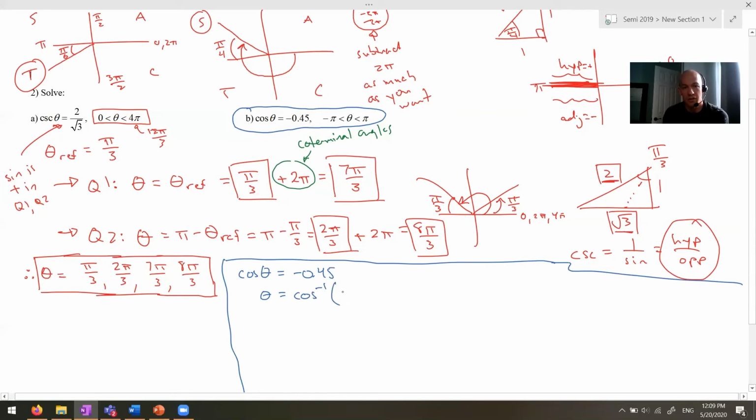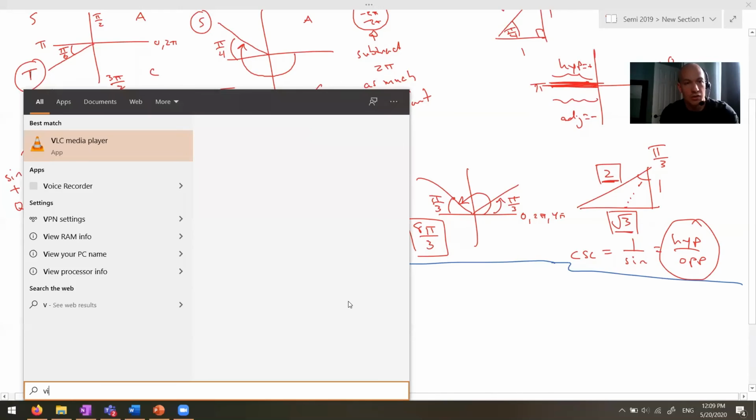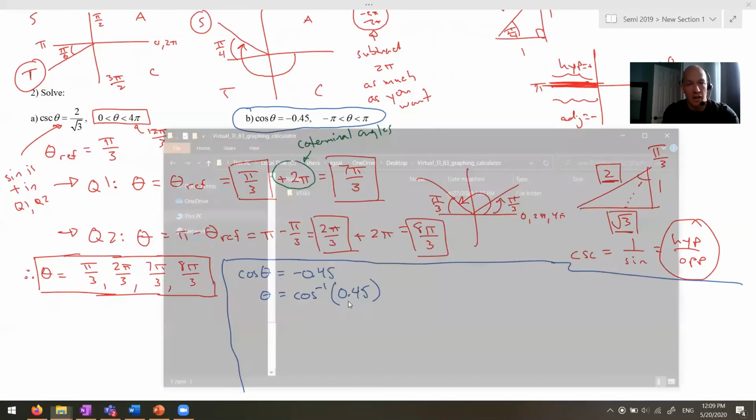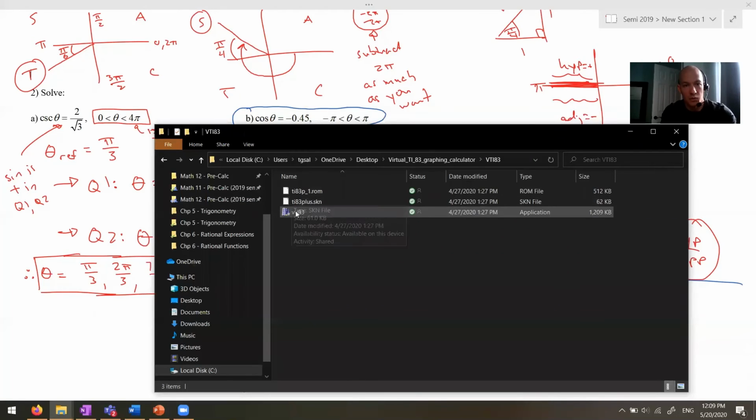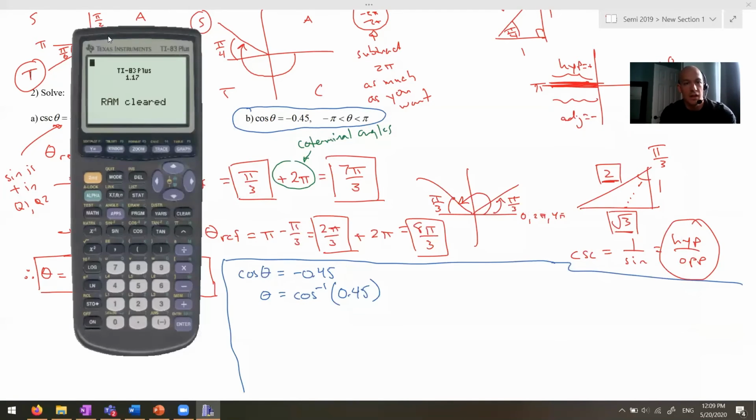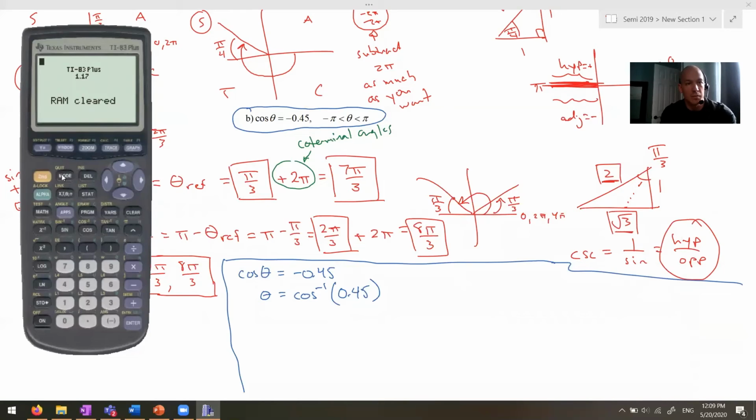So we're going to type in inverse cos of positive 0.45, and in one of the last videos I mentioned that I am a big fan of ignoring that positive sign when I'm doing trigonometry. I think it makes it a lot easier to not do it. One thing I'll just need is I'll need to bust out my calculator.